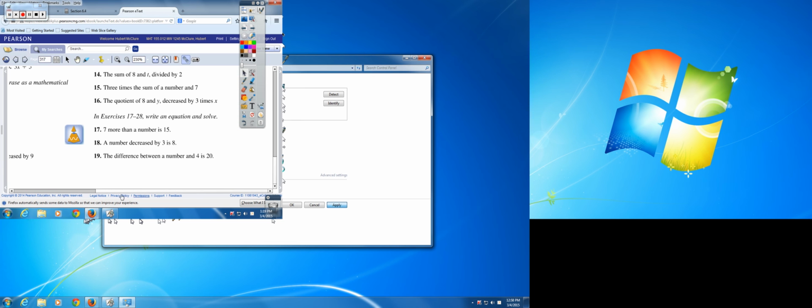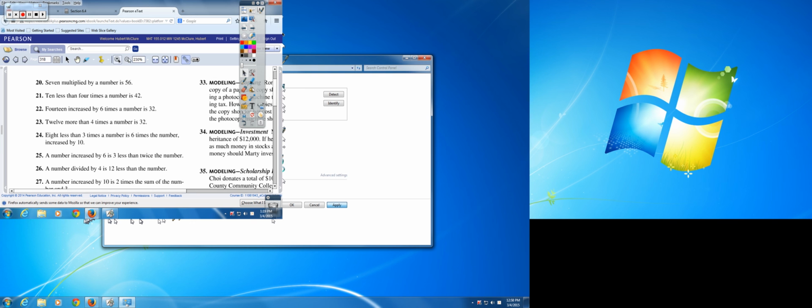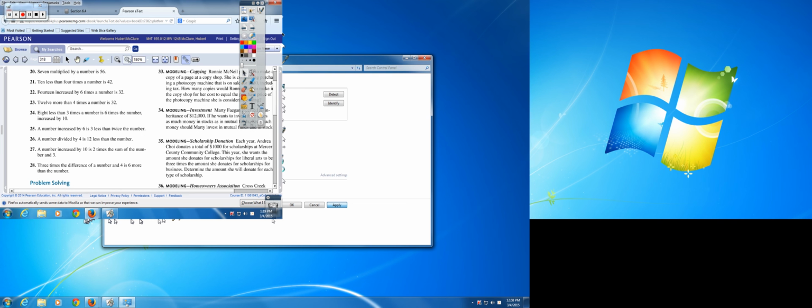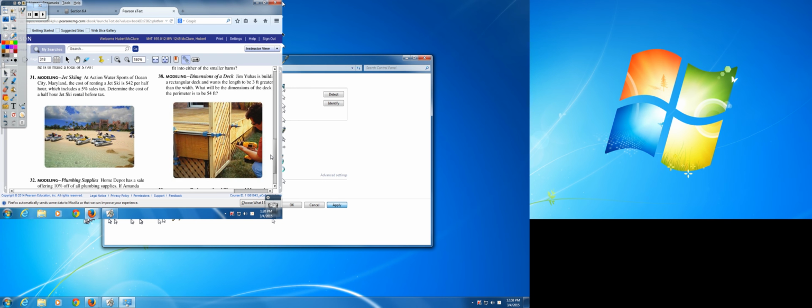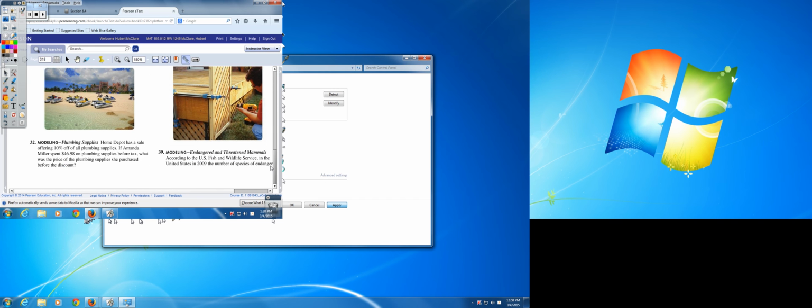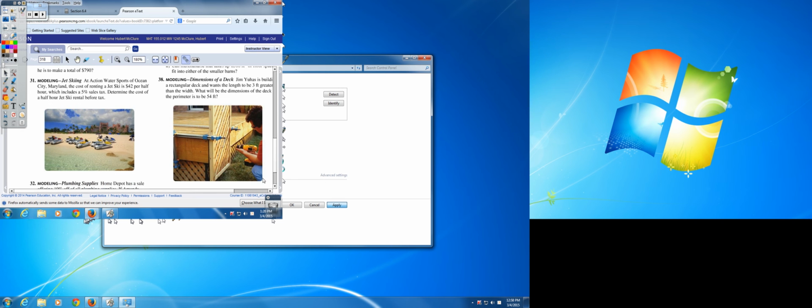Let's see if we can find something to get y'all discouraged, get you maybe to quit. Anything to get y'all to live in the ditch. Let's see. Dimensions of a deck.